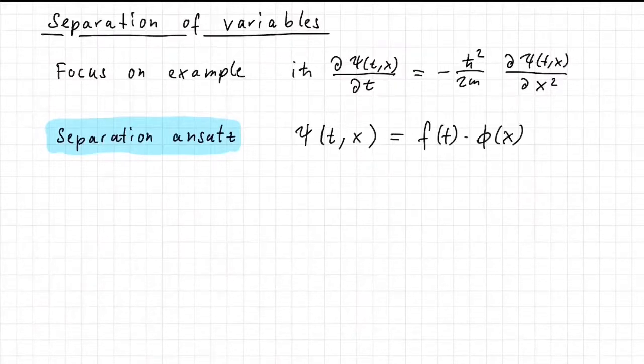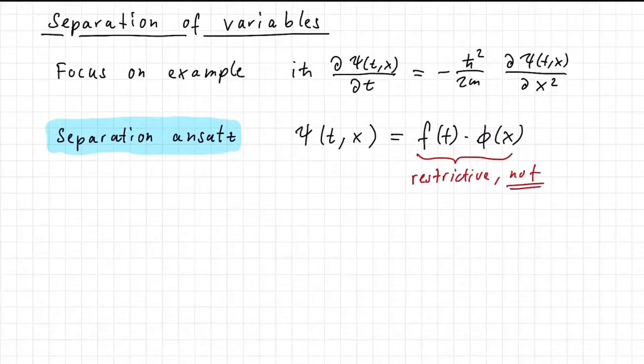So we write it as a product of a function that only depends on t and one that only depends on x. And it's really important to be aware that this is a very restrictive ansatz. So this is absolutely not general. This is really us just trying to find some solution to the problem.